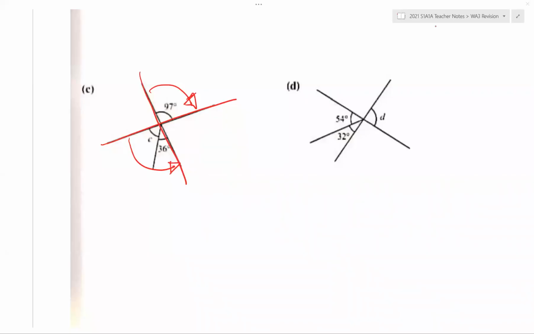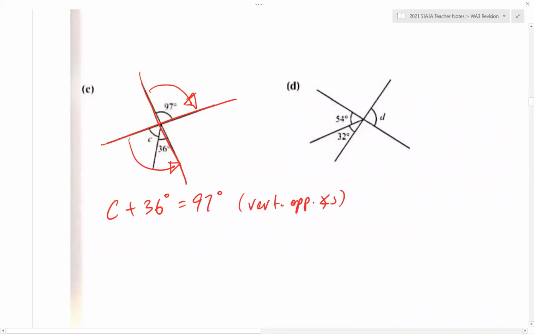So here we have C plus 36 degrees, 97 degrees. Again, reason, vertically opposite angles. We're going to take away 36 on both sides, leaving us with C equals to 97 minus 36, 61 degrees.